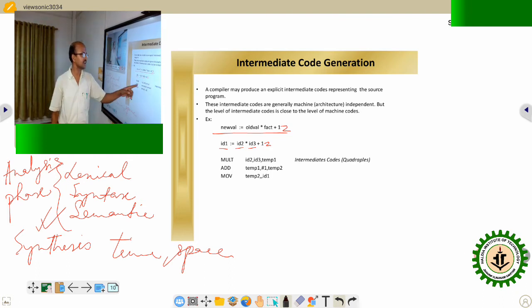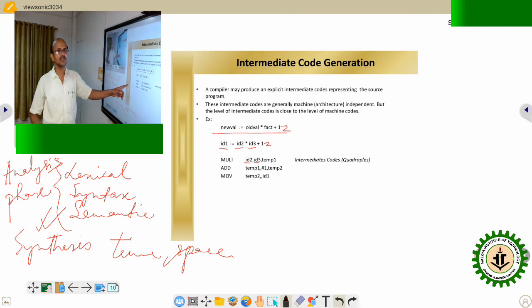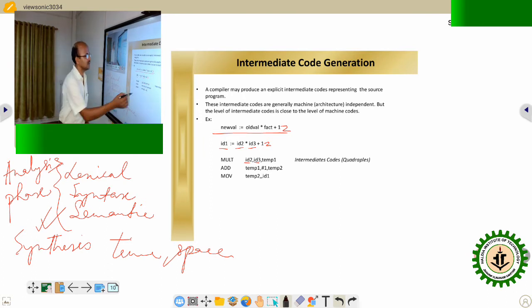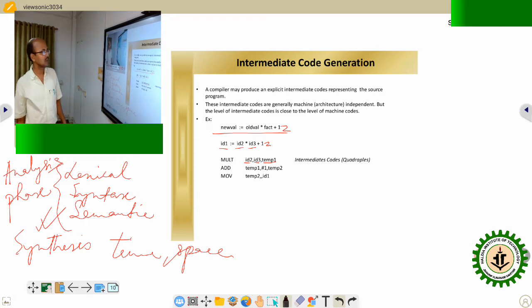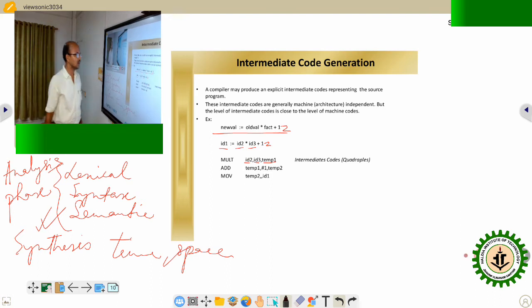MULT is just intermediate code, and where the data will be stored we are taking one temporary variable here, that is temp1. Now after multiplying identifier 2 and identifier 3, we have to add the result with the constant value 1, and whatever the output is, it must be stored into temporary value 2.